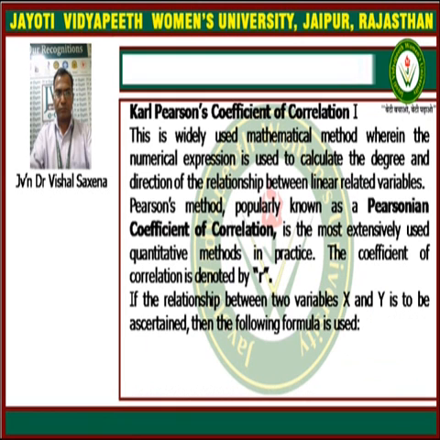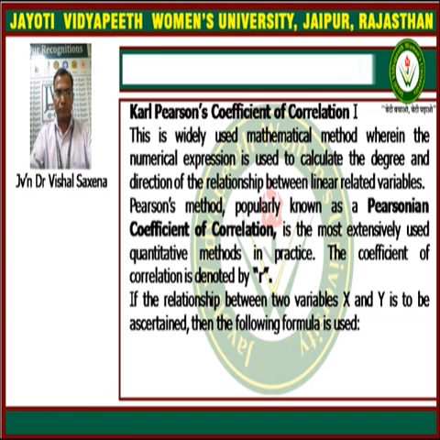So next we take the topic of the Karl Pearson coefficient of correlation, or it is generally known as the correlation coefficient. This is a widely used mathematical method wherein a numerical expression is used to calculate the degree and direction of the relationship between linearly related variables.